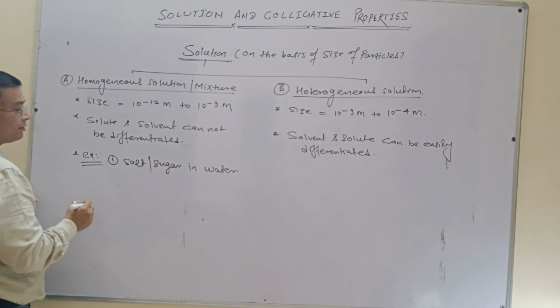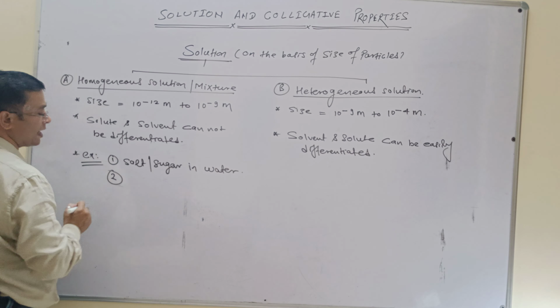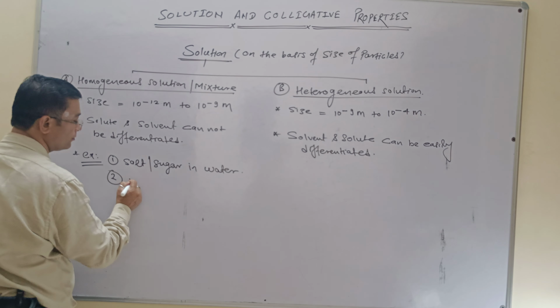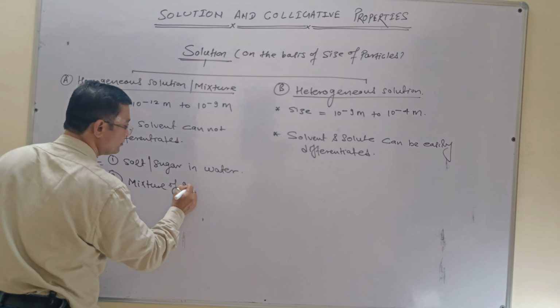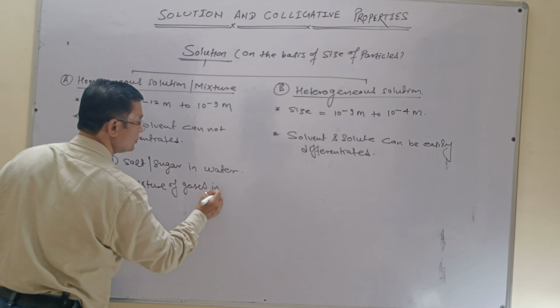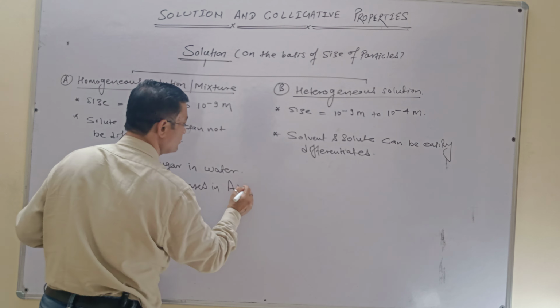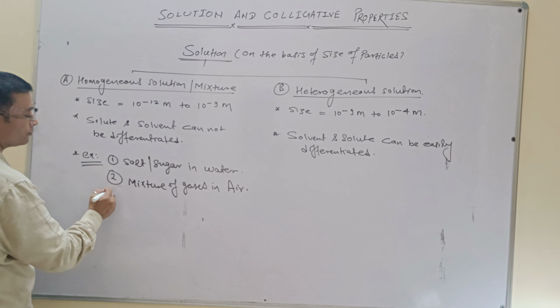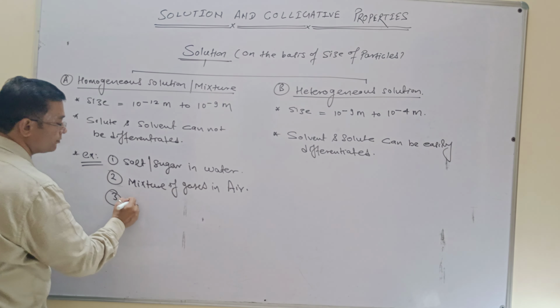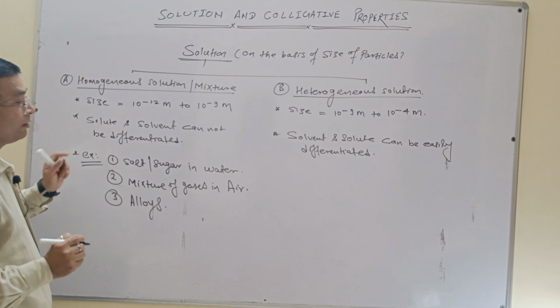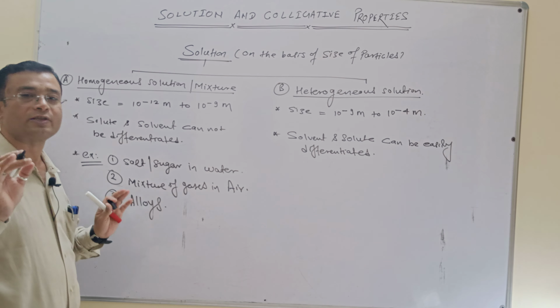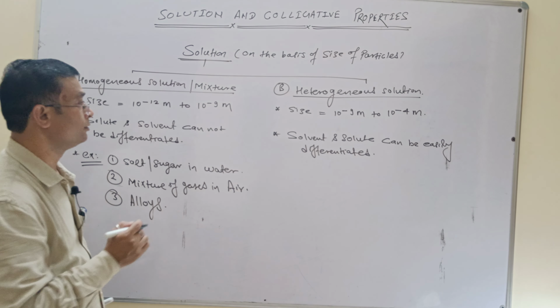Another example is a mixture of gases in air. The third example is alloys, and there are many more examples of homogeneous solution.